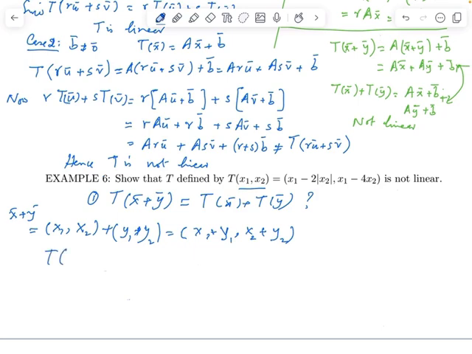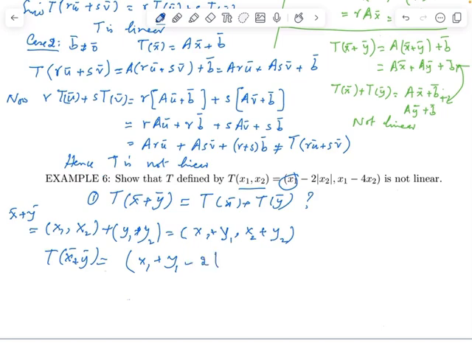So T of x plus y will be equal to, according to the transform, the first coordinate, which is x1 plus y1, minus 2 times the absolute value of the second coordinate.